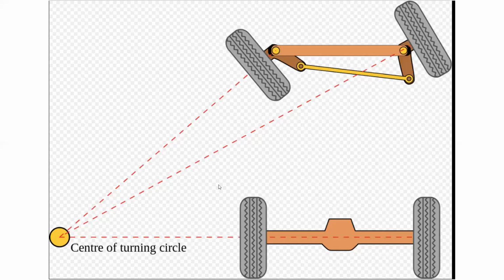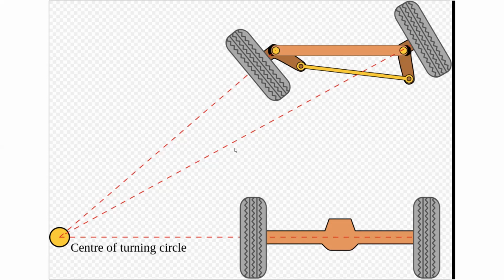Okay. So here you can see that there will be only one particular angle of turning of the vehicle where this condition will be satisfied, that the center of rolling of all four wheels is the same. But at other angles, these lines will intersect somewhere above this line. And as the condition of steering will not be satisfied, rubbing of the wheels on the road will take place.